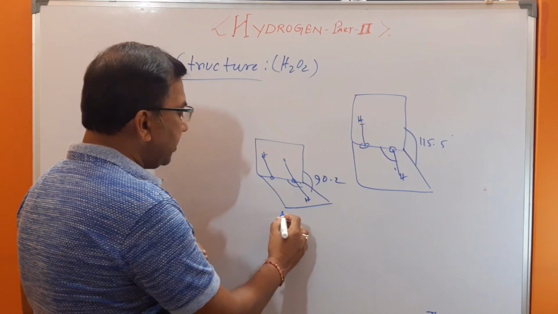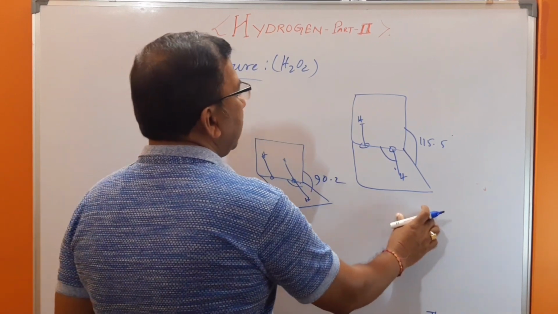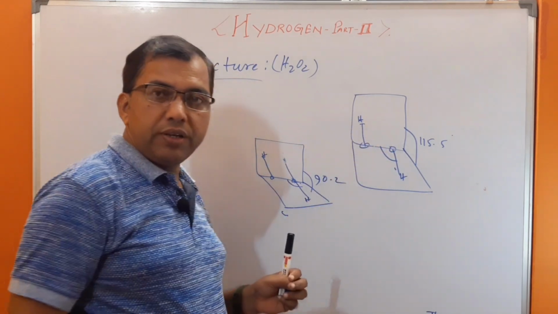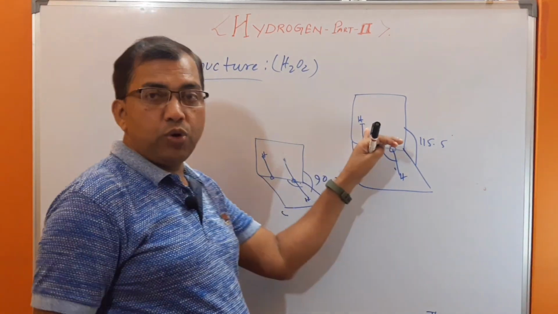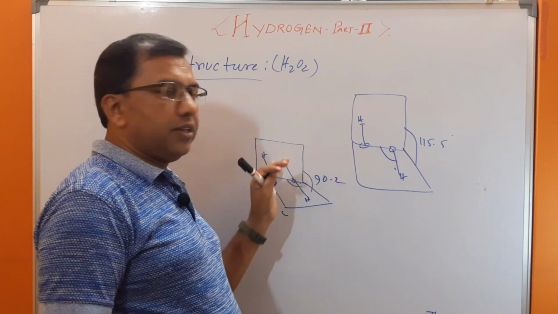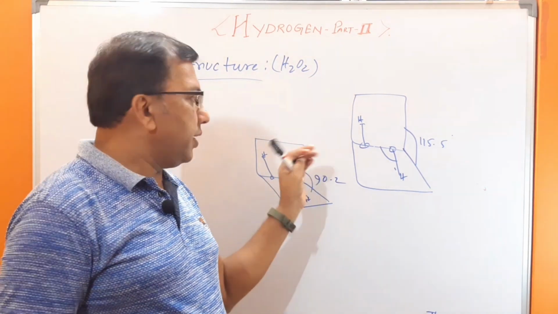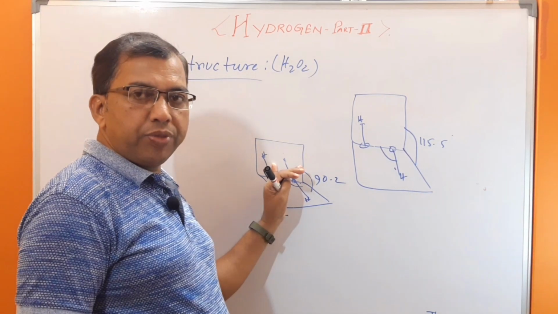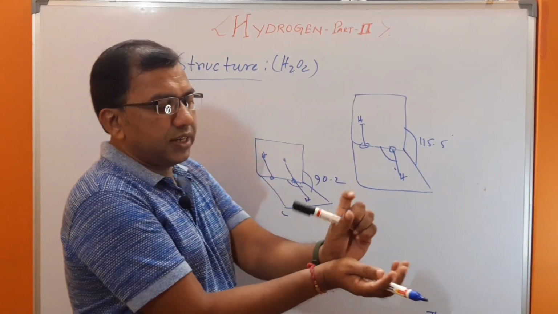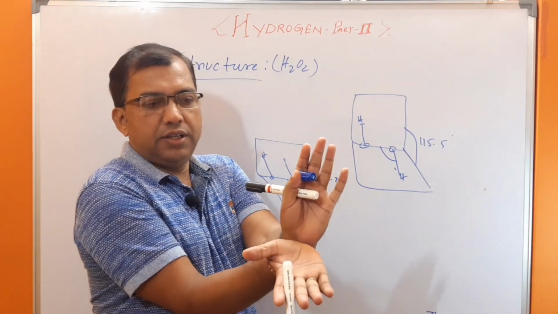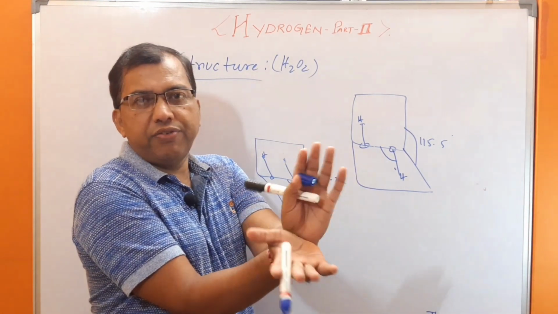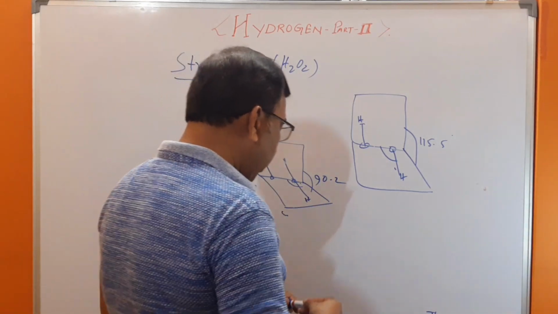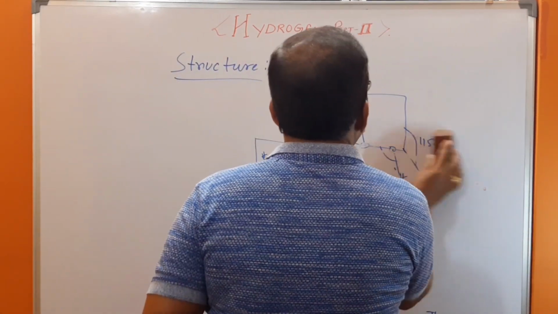So this is the gaseous state, this is the solid state, and the bond lengths are 95 picometer and 98 picometer. This is the structure. The angle will be different in the gaseous state and solid state. Clear? It will be given in the figure clearly.